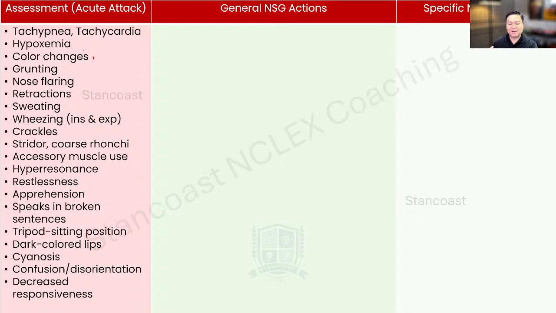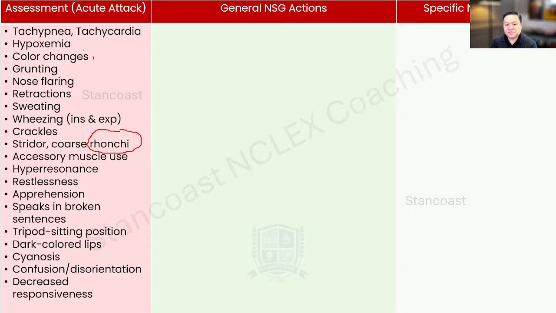It's the very noisy passing of air in a narrowed airway, like the trachea or the main stem bronchus. So this is what we call rhonchi. The patient will also have that hyperresonance. When you are percussing the patient's chest, anteriorly or posteriorly, you will hear that resonance as if you are tapping on one of the percussion instruments.